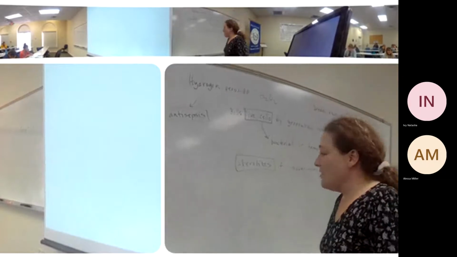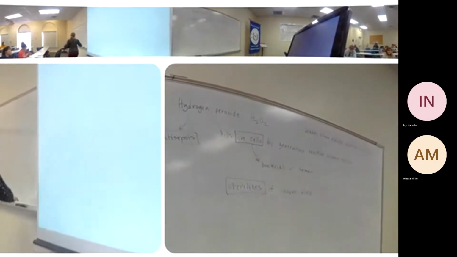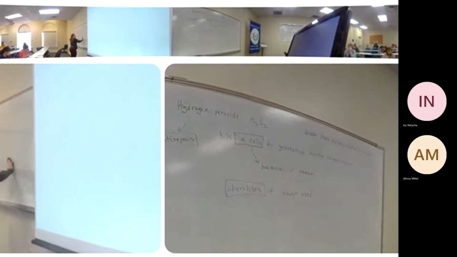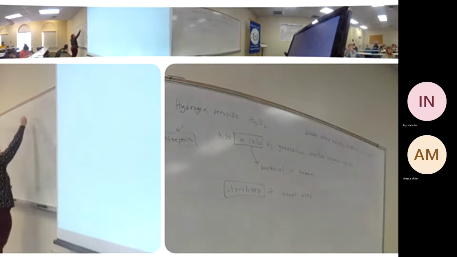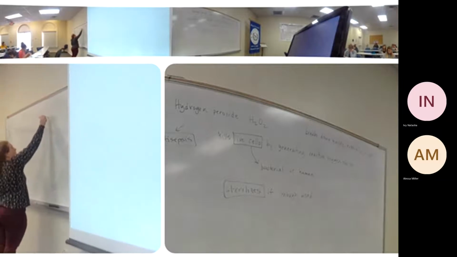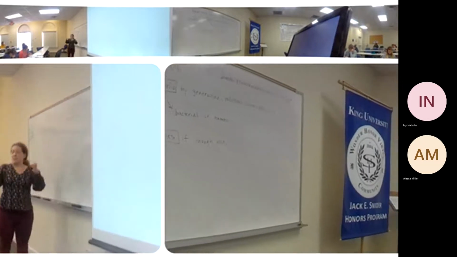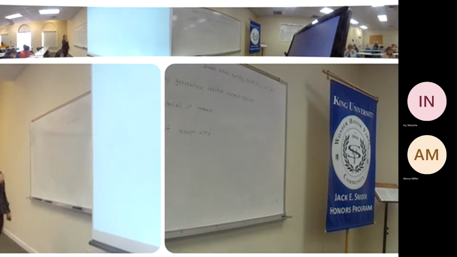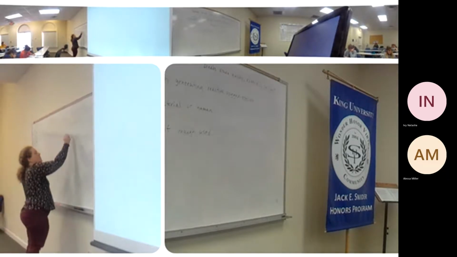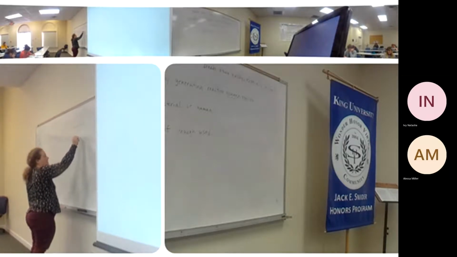Okay, next one, aldehydes. There are two major forms of this that people tend to use, which are formaldehyde, like old school dissections or storing organs in jars. That was using formaldehyde. And there is also a version called glutaraldehyde.